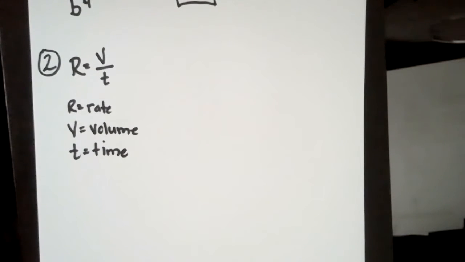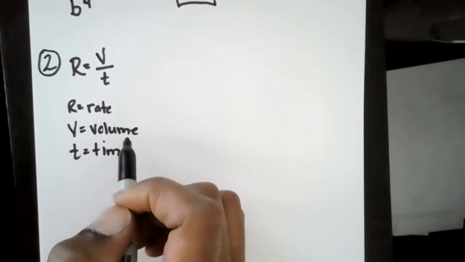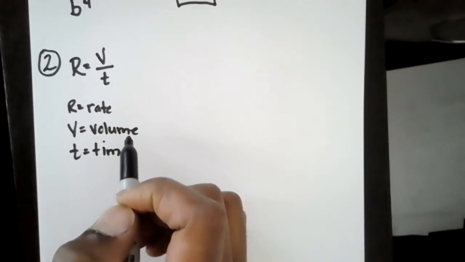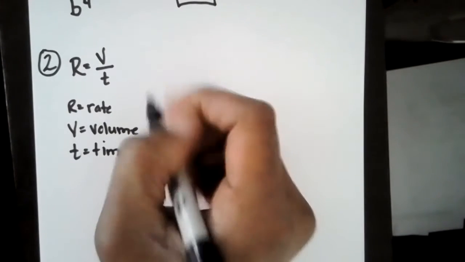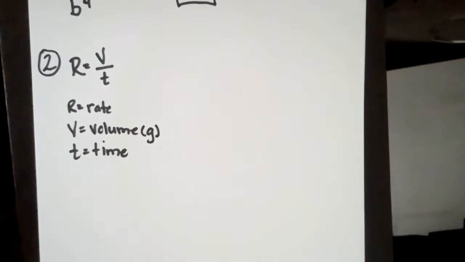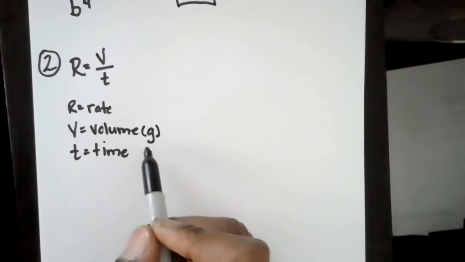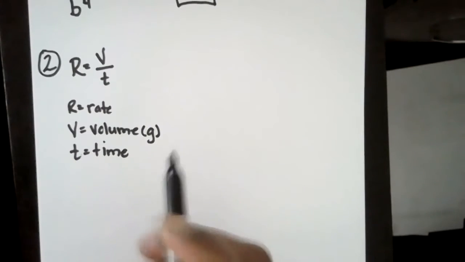Now the question says select an appropriate measurement unit for the rate. When you're measuring volume, you want to make sure that you know the units that you're working with. And what does it say that volume is measured in? If you look back at the information, it's measured in gallons. So go ahead and put parentheses, G, parentheses, so that you know it's being measured in gallons. And what is time being measured in?